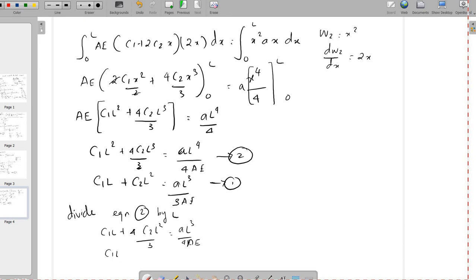This equation, C1L plus C2L square, is equal to AL cube by 3AE.